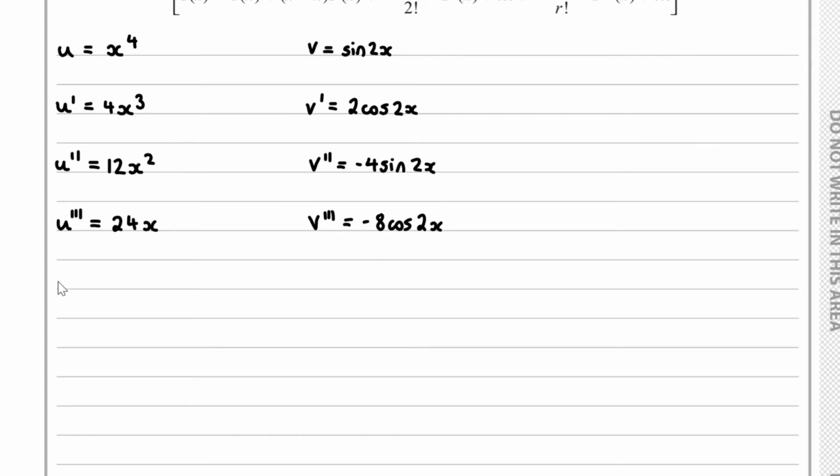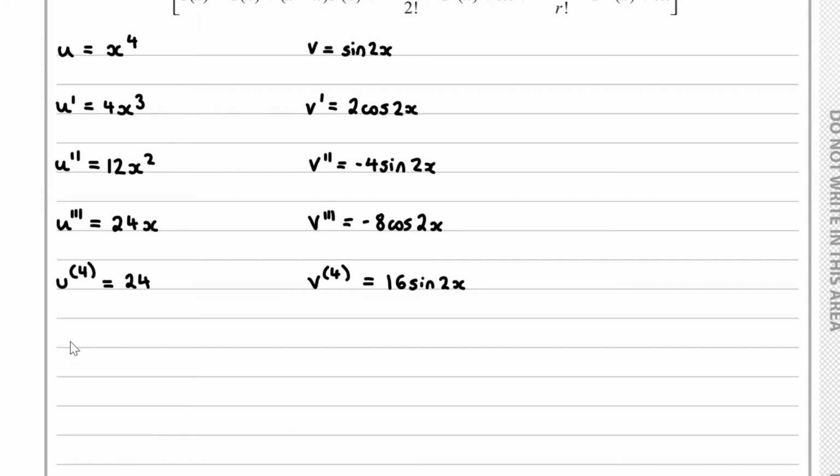The fourth derivative of u is equal to 24, and the fourth derivative of v is 16 multiplied by the sine of 2x.